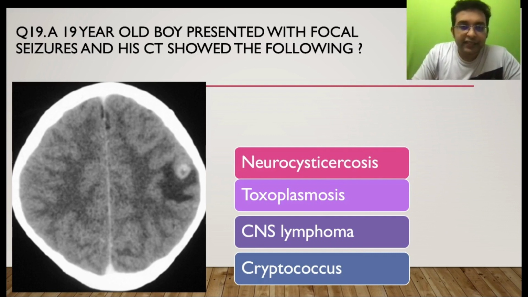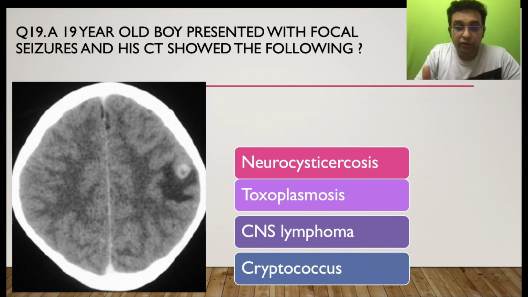The other thing is that in this CT brain you can see a hyperdensity in the form of a ring-enhancing lesion with a central dot sign. It may seem a bit eccentric, so you may think that it is an eccentric dot sign, which is typical of toxoplasmosis.